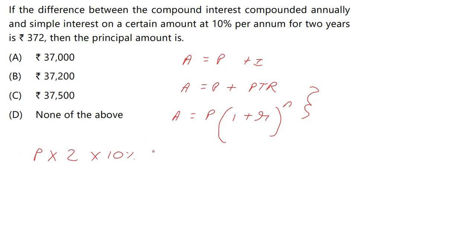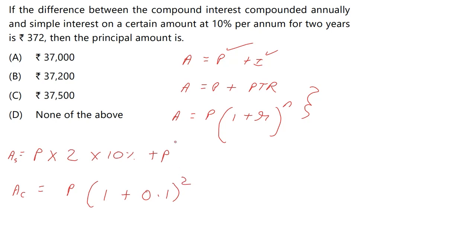It is only the interest component. Now I need to add principal, interest plus principal, that will give me an amount. So this is the amount under simple interest. The amount under compound interest is going to be principal, open bracket, 1 plus r, which is 0.1, that is 10%, to the power 2.